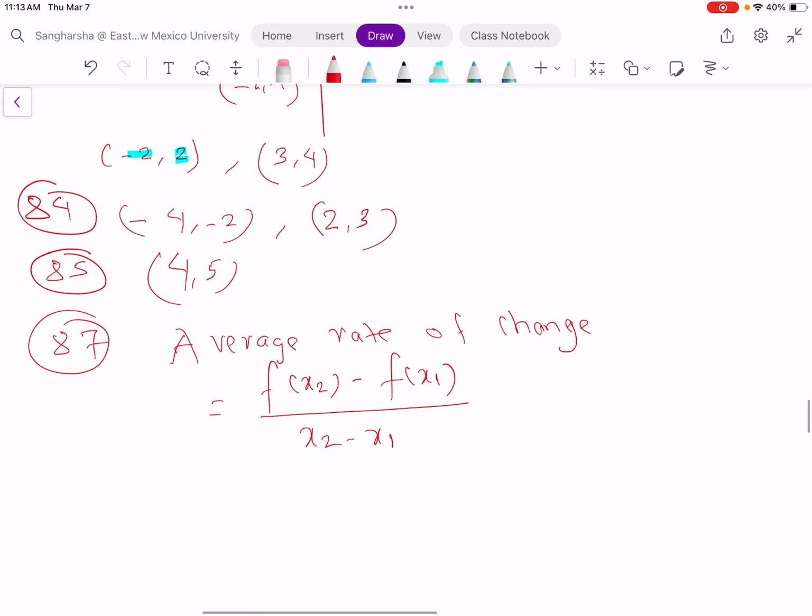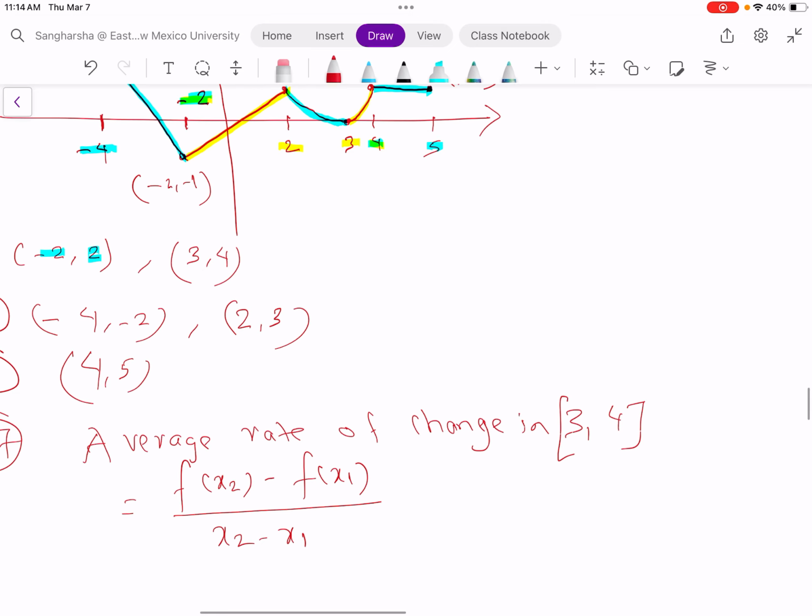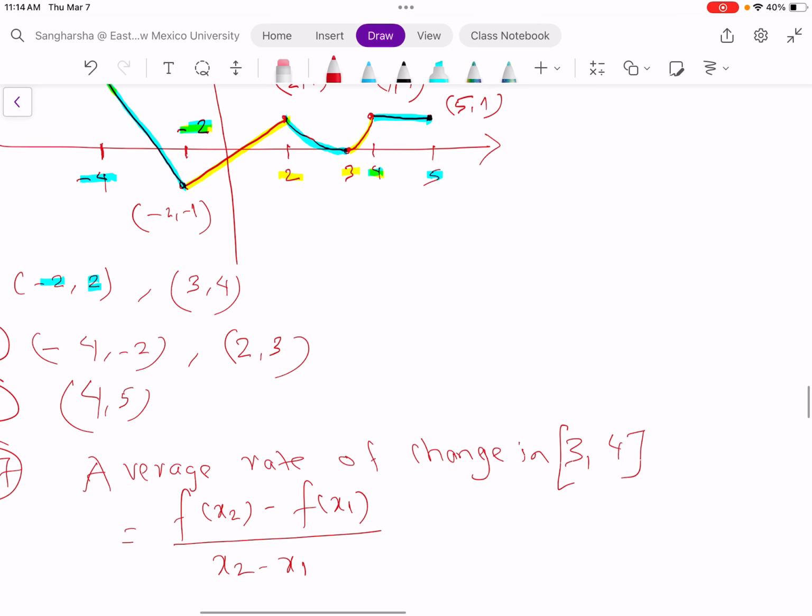So we have to find the average rate of change in the interval 3, 4. Let's find out what the 3, 4 interval is. So 3, 4 is this, right? We want to know how the function is changing in this interval.